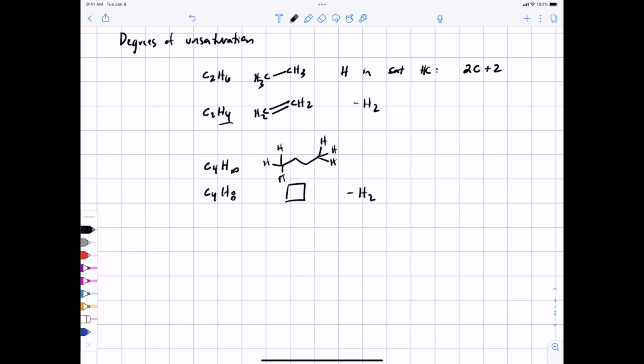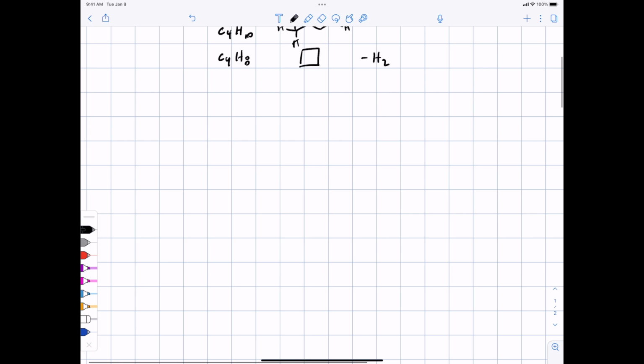All right? Why do you care about that? Well, if you have a molecular formula like this, it turns out this formula alone is probably all you need to solve the structure of your molecule.